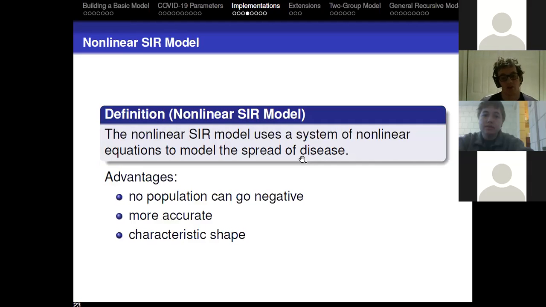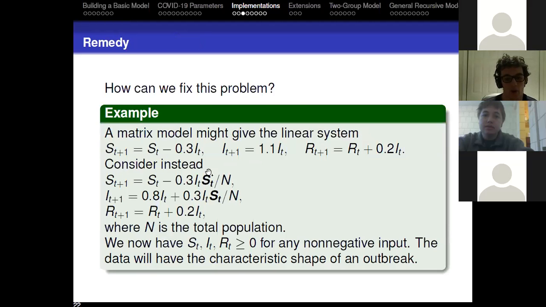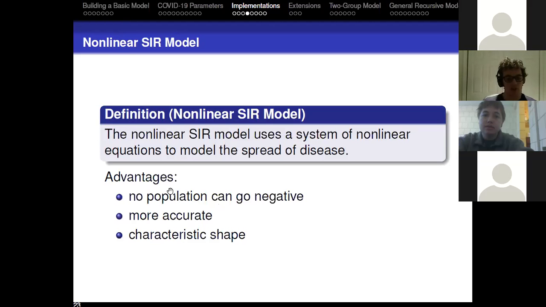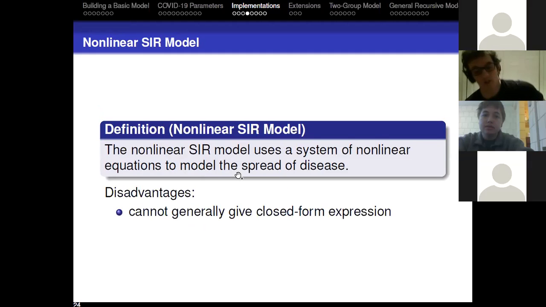That's the nonlinear SIR model, which is the SIR model with the cross terms. The advantages, like I talked about, are that it looks better and you won't ever get negative populations. The disadvantage is that you cannot give closed form expressions to solve it. If you want to find the numbers at time t equals 100, you have to calculate the first 99 to recursively get the 100th. You can't just plug 100 into some closed form expression.